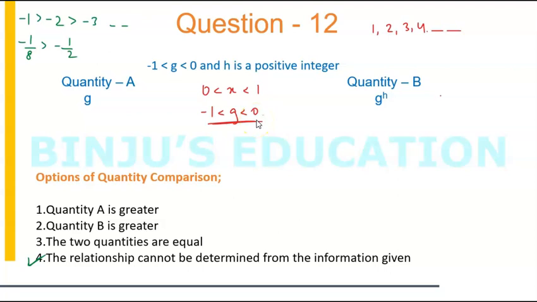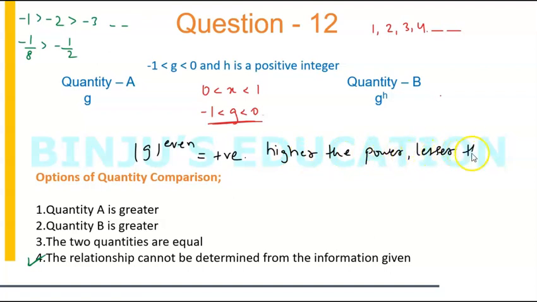The first thing you need to understand is, if you have a value which lies between -1 and 0 and you raise it to an even power, this will always give you a positive result. Second thing is, the higher the power, the lesser the value. It is exactly on the lines of when you have the value of the expression between 0 and 1.